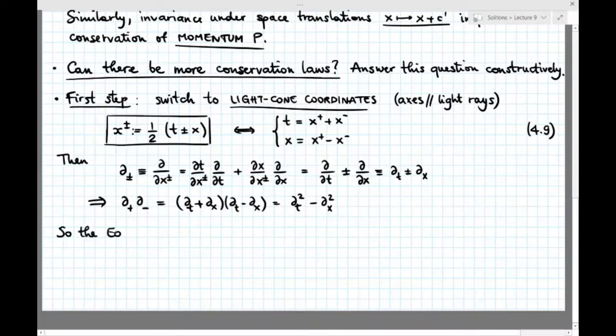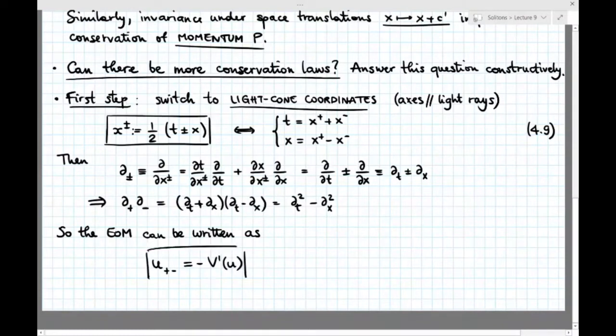And so in particular, the equation of motion can be written more simply as u plus minus equal minus v prime of u, where here the notation is the usual notation that the subscript denotes a partial derivative.